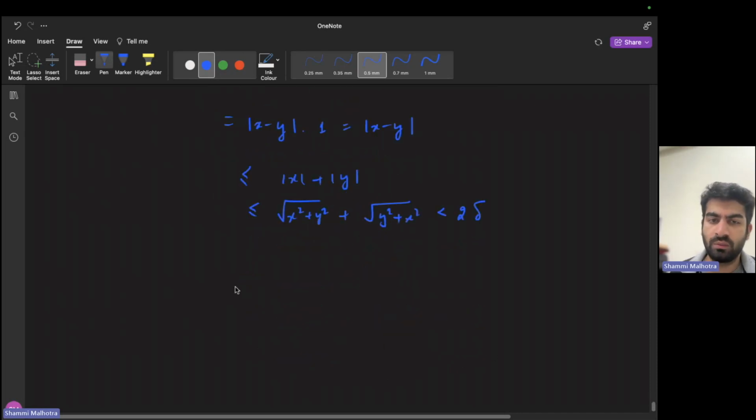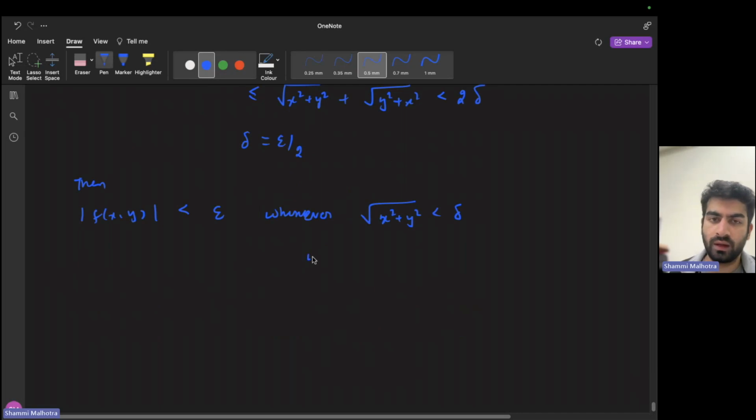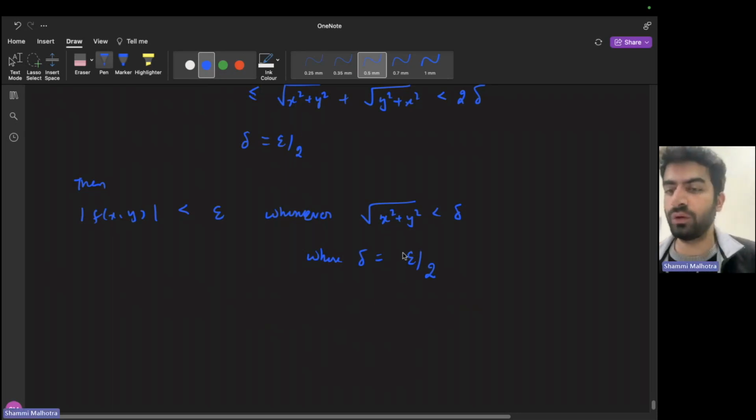So I can use the same arguments: if I take delta to be epsilon by 2, then the modulus of f(x, y) is less than epsilon whenever the square root of x square plus y square is less than delta, where I'm taking delta to be epsilon by 2. That basically proves the limit exists and it has to be equal to 0.